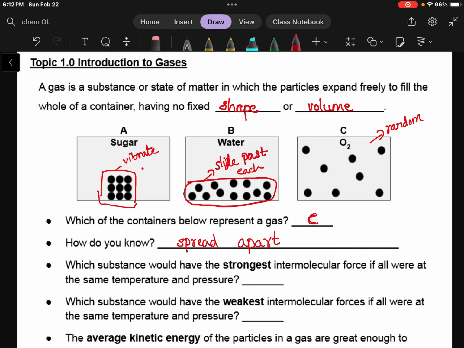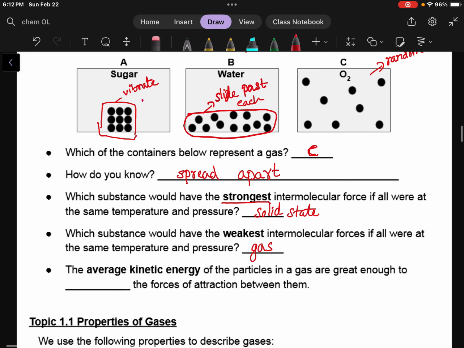Since we have the same substance, for example water, if we have liquid water, ice and steam, which one will have more intermolecular force? We know that the strongest intermolecular force will always be in the solid state because the particles are very close together, and weakest will be in the gaseous state.